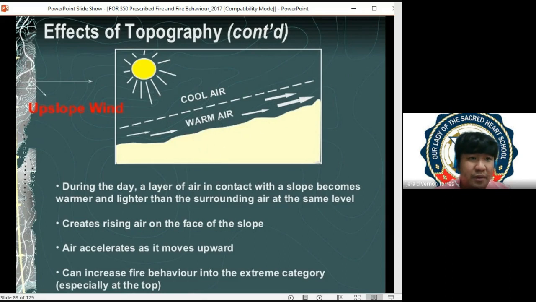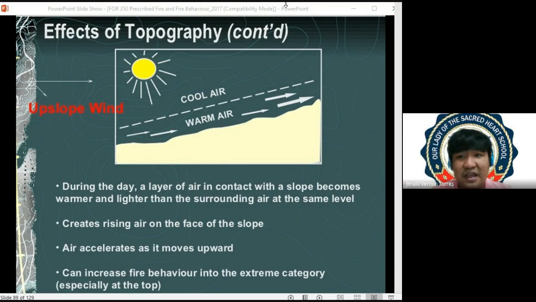And the rise of warm air causes the vertical distribution of fire across your wildfire. Kaya minsan, pataas yung fire kasi magmo-move up yung warm air pataas, then magmo-move down yung cold air pababa, causing the distribution of fire vertically. Aangat yung tinatawag natin wildfire.